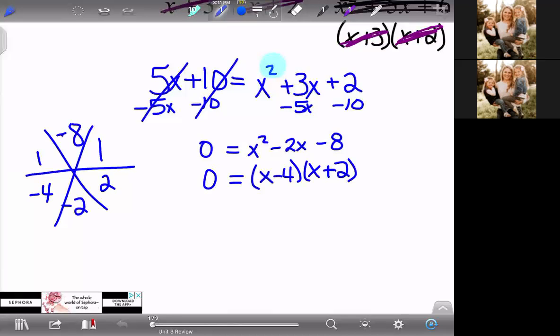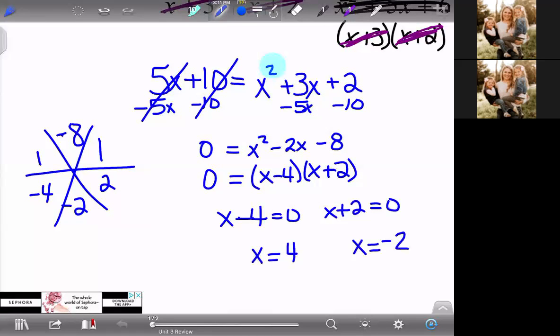So there are my two factors. I'm going to take my two factors and set them equal to 0. So I have two solutions, x equals 4, x equals -2.